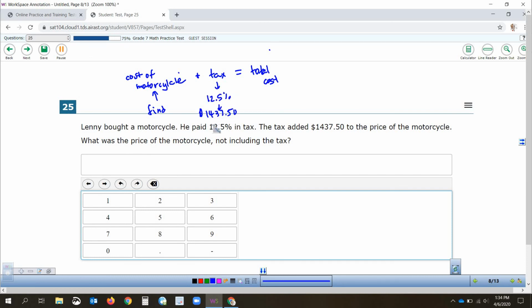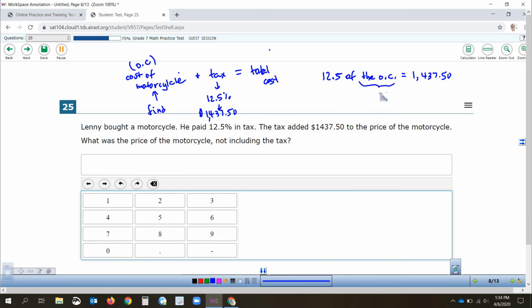Well, 12.5% is 1,437.50, but 12.5% of what? 12.5% of the original cost. I'm going to put OC for original cost, okay? OC, original cost, is equal to $1,437.50, 12.5% of the original cost.